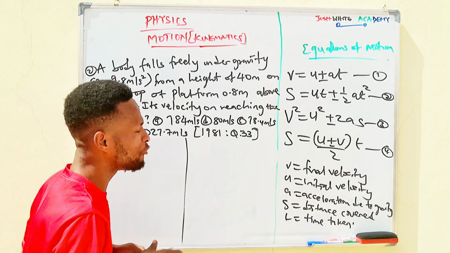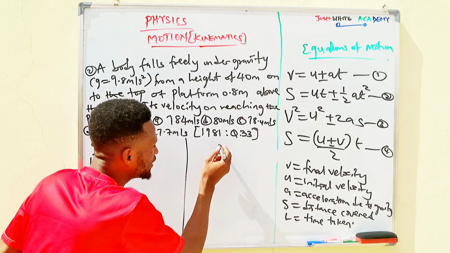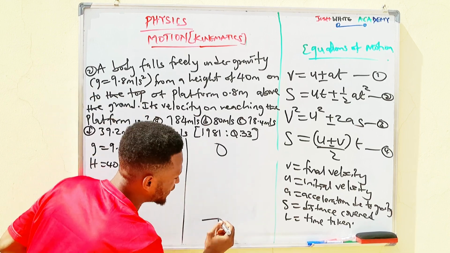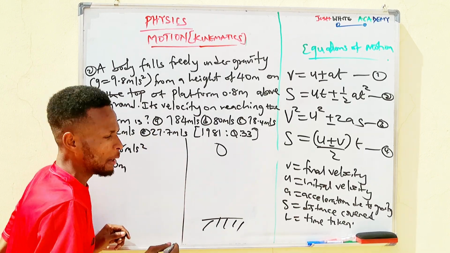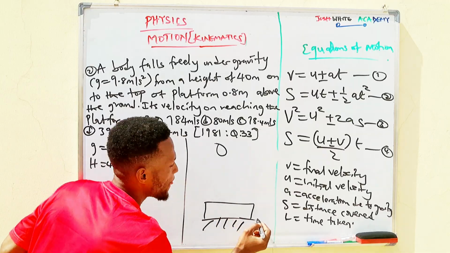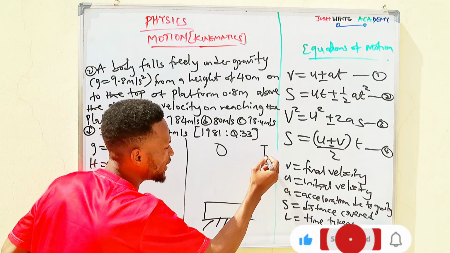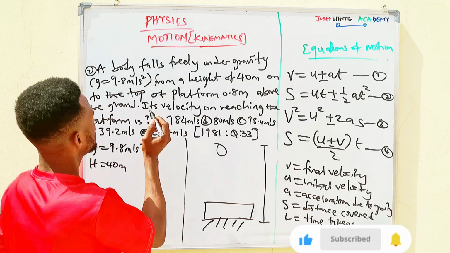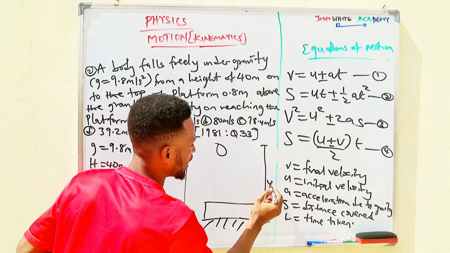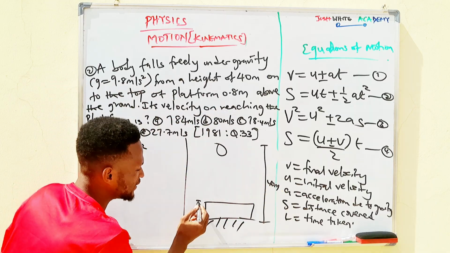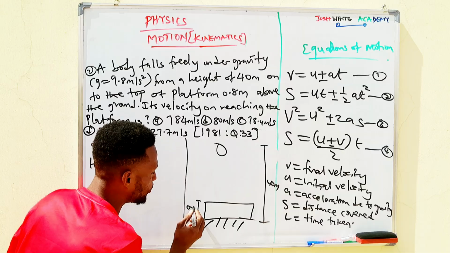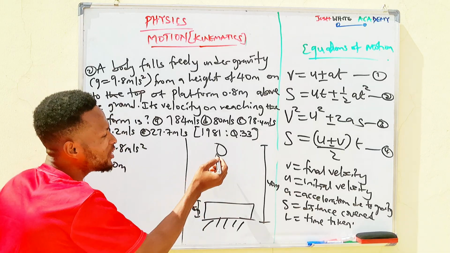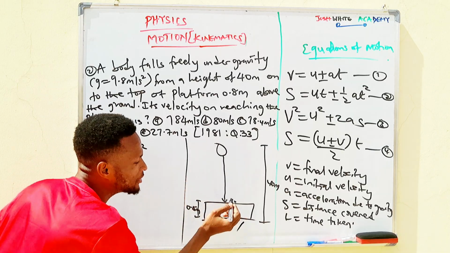So imagine, for instance, this is the body and this is the ground, but there was a platform here. The height from here to here is the 40 meters. The height of the platform is 0.8 meters. So the body fell to this platform.